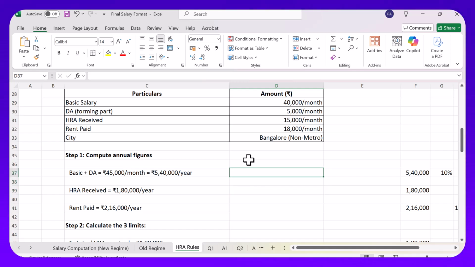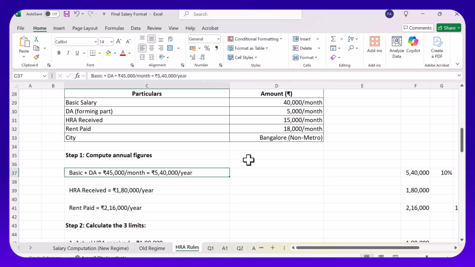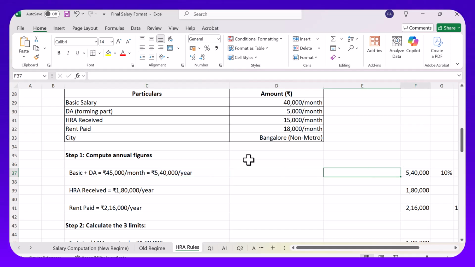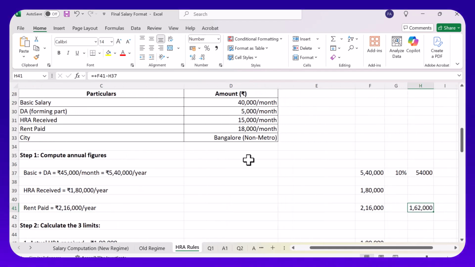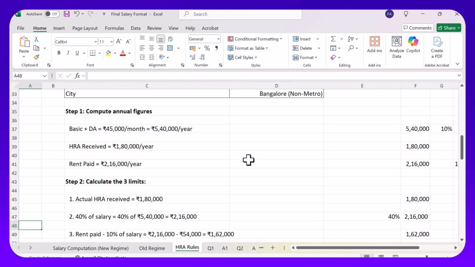Read this. Which is given in the question itself. Then, which has been computed from here. So now what we have done is that we have to calculate the three limits. Actual HRA, just read this.